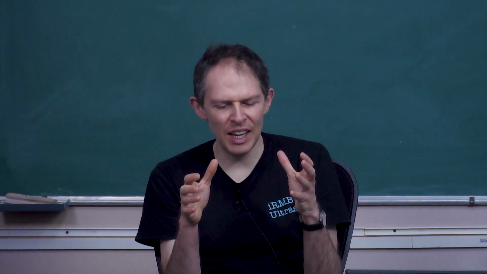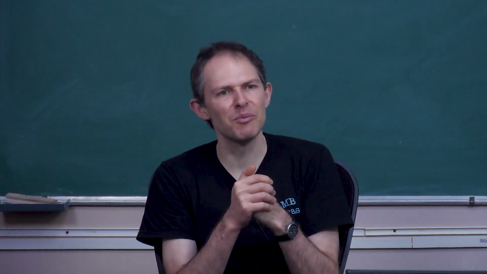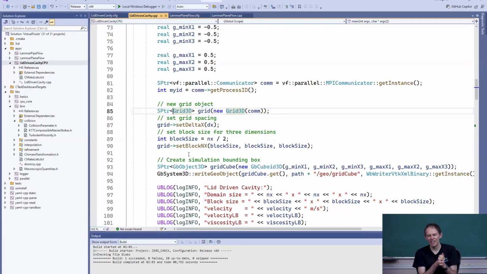So in VirtualFluids, the blocks are all of the same size. There are other open source Lattice Boltzmann solvers that have flexible block sizes, but here we go for homogeneous block size. And in this particular case, we set the block size to a cube.